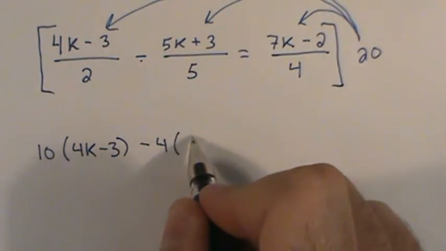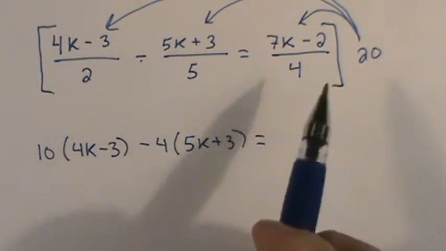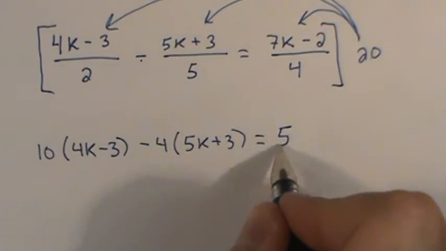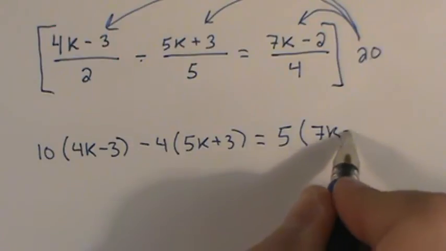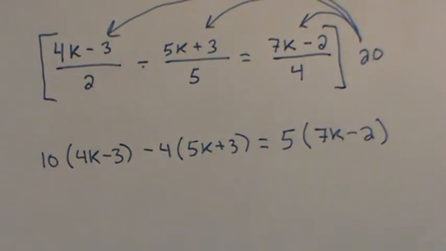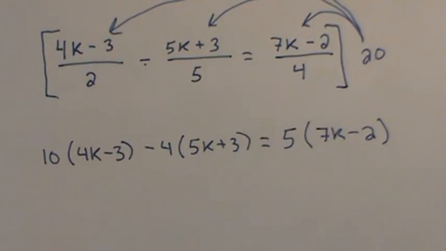Numerator comes down unchanged. 5k plus 3 equaling 20 divided by 4 is 5. And once again, that numerator comes down unchanged. 7k minus 2. Now, once I have an algebraic equation that I'm comfortable with, I need to zero it out.